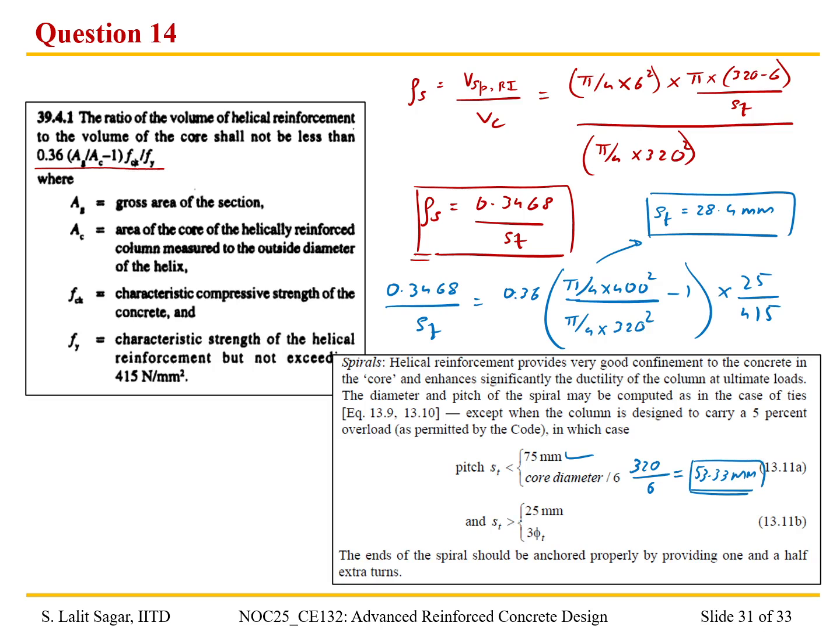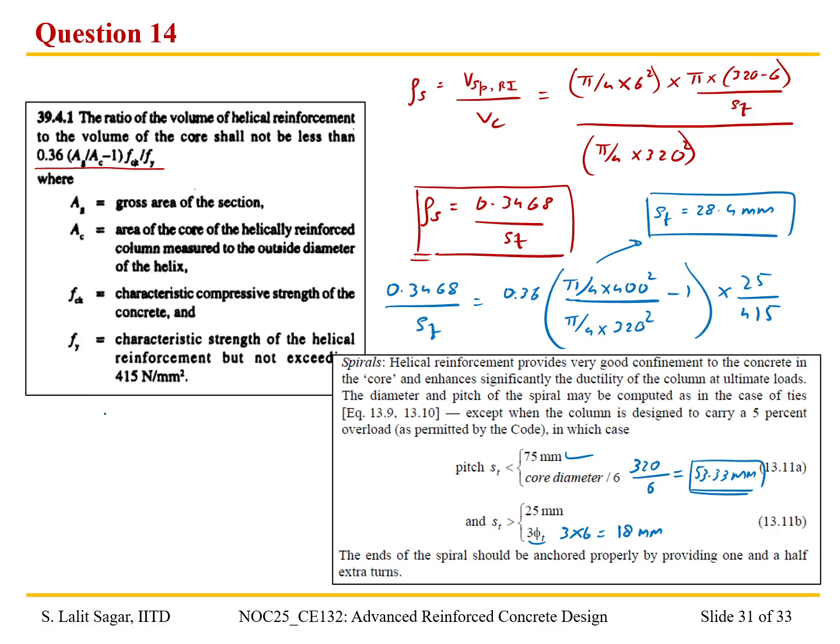And in order to avoid congestion of reinforcement, it has to be greater than 25 millimeter, and greater than 3 times the diameter of the ties, that is 3 into 6 is 18 millimeter. So the spacing of the ties as per our design is 28.4 millimeter, which is less than 75 millimeter and 53.33, and at the same time greater than 25 millimeter and 18 millimeter.